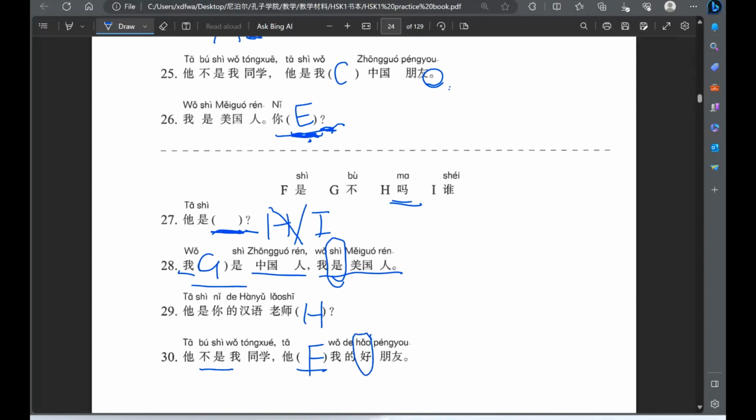We learned in lesson 1. 你好 Hello. If we divide hello into 你 and 好, 你 means you, 好 means good. I hope you are well. So here 好 also means good. 好朋友 means good friend. He is my good friend.